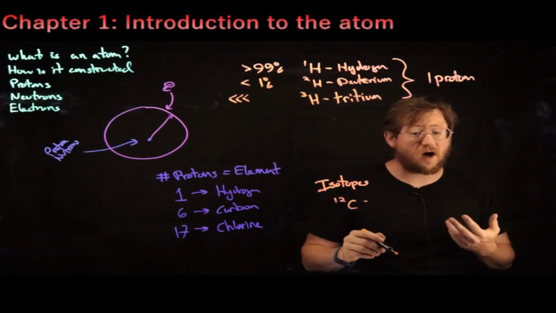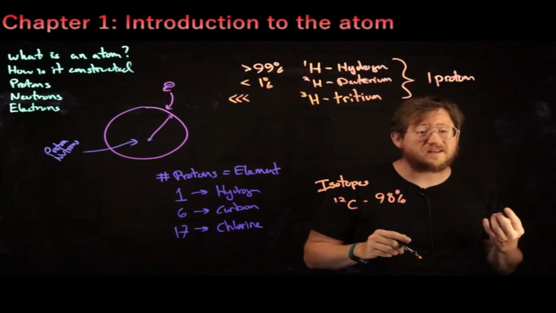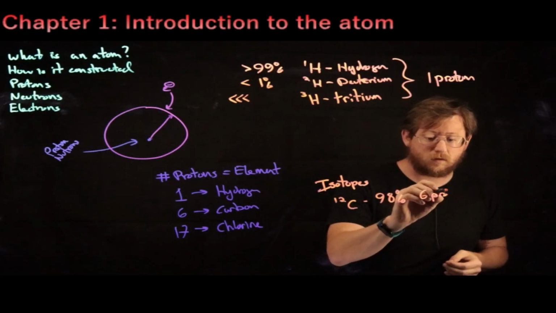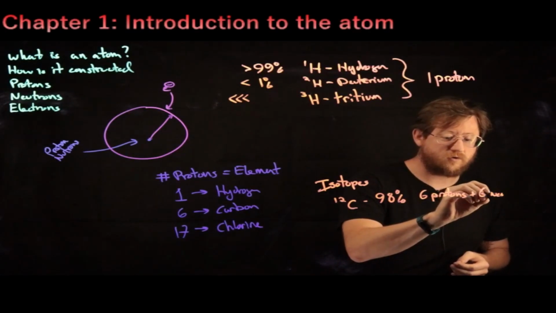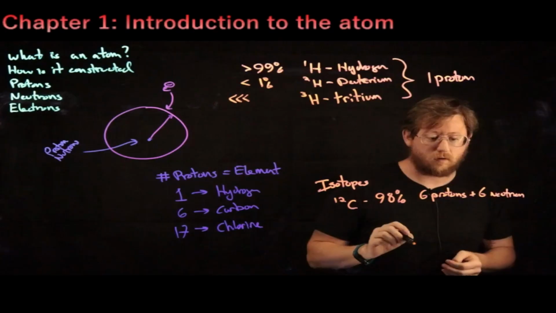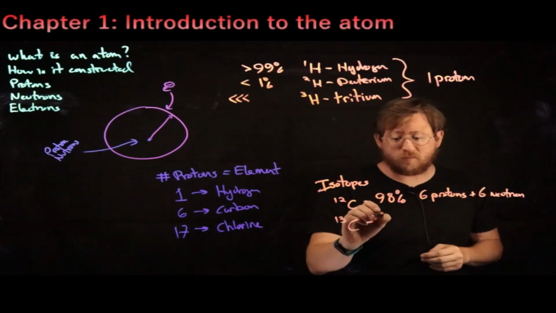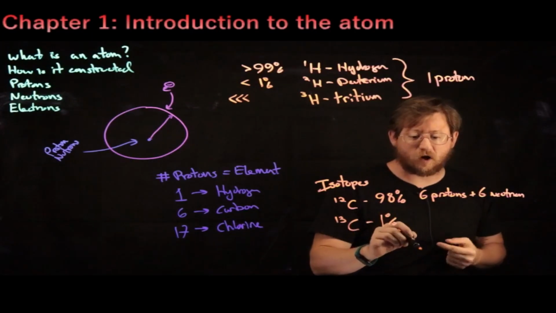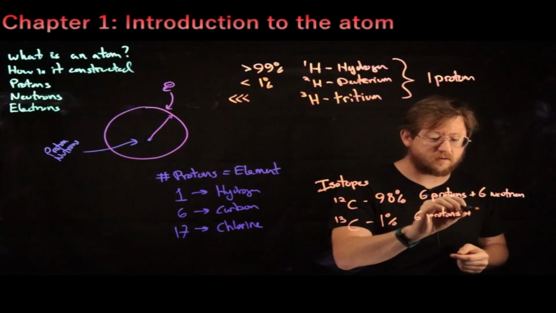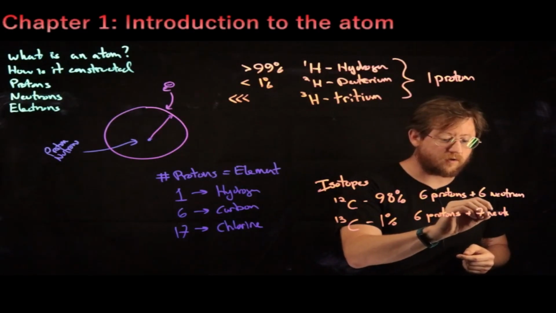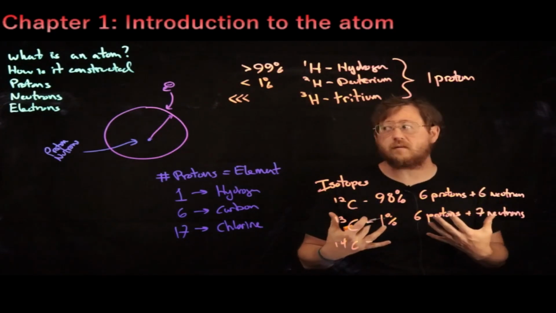Carbon-12, the most common carbon, about 98%, has 6 protons plus 6 neutrons. Carbon-13, about 1% of all carbon in the world, also has 6 protons plus 7 neutrons. And carbon-14, a very unstable form of carbon.